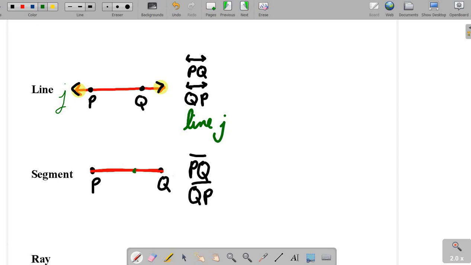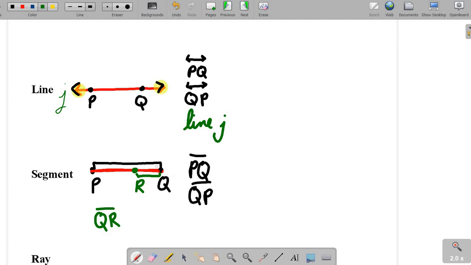Now if I were to add a third point here and add R, watch very carefully. PQ would refer to the segment from here to here. If I were to go like this, QR, the segment, that piece would only refer from here to there because it's a segment, so it's limited, it's not a line.